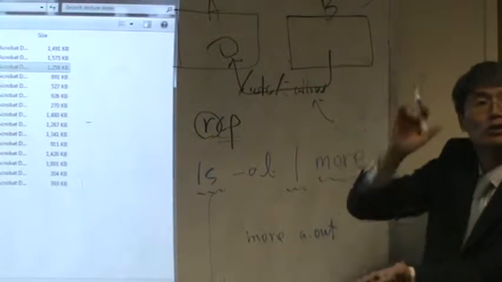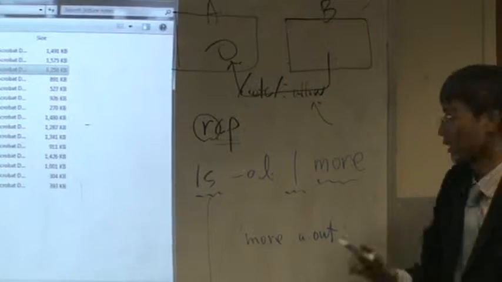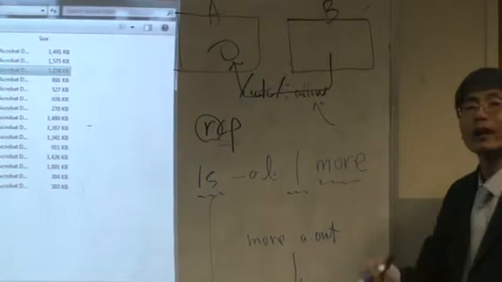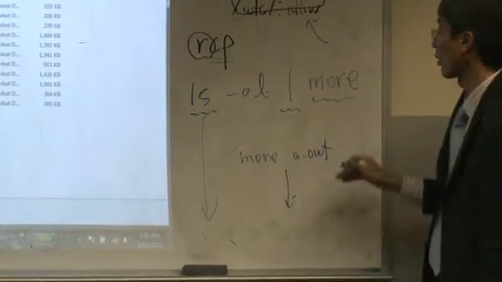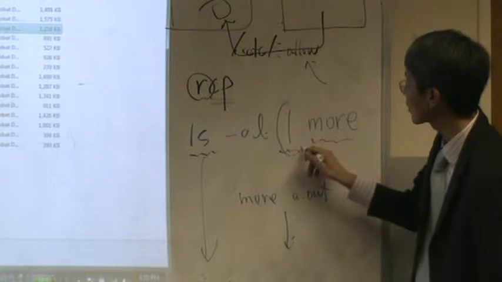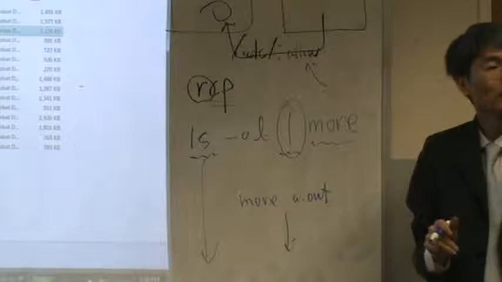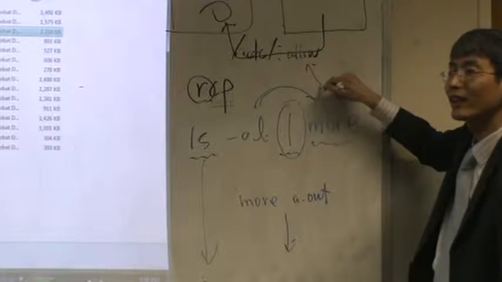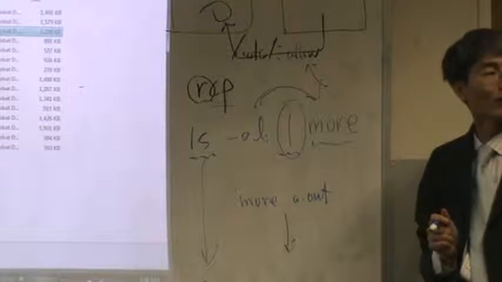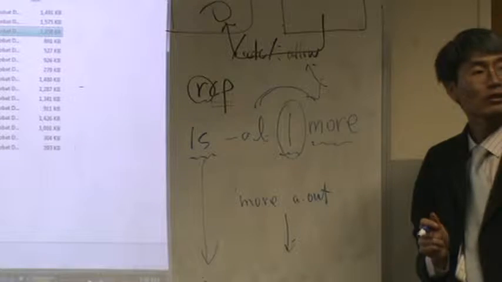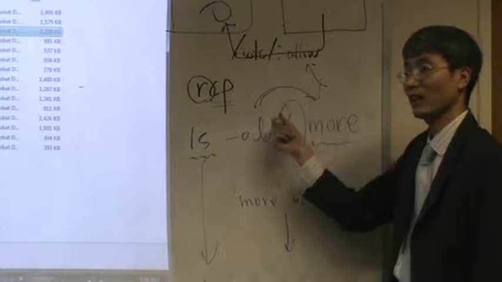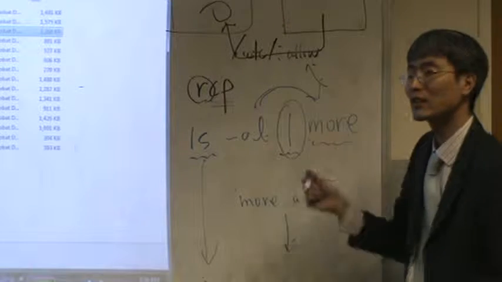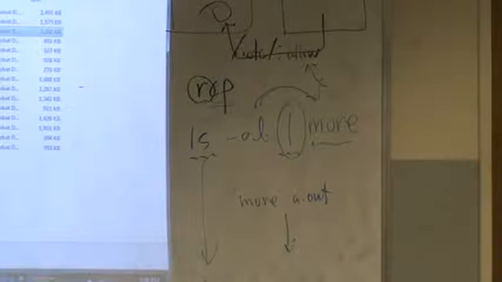You can use the space bar to move to another screen. So if I use the pipe, then the output of this command will be the input of this one. So two processes can communicate. This is the communication using pipe.